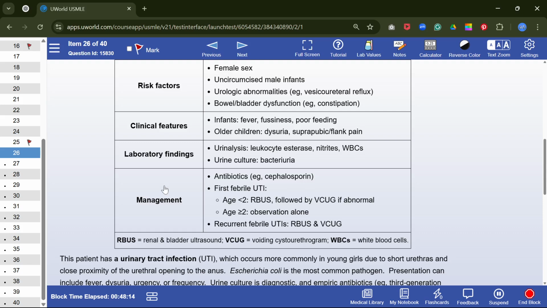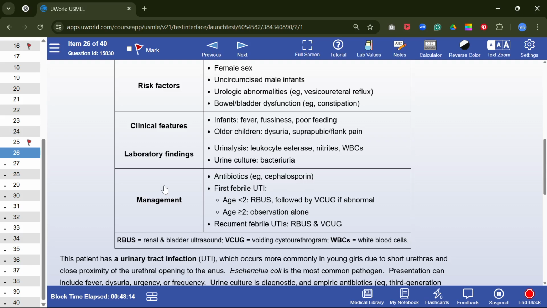Is it recurrent? Where is it written? The patient has a UTI with the organism, actually, E. coli, the common organism of UTI. So they haven't said any sort of recurrence. Is there anything written about recurrence? Renal and bladder, yes, I got that.